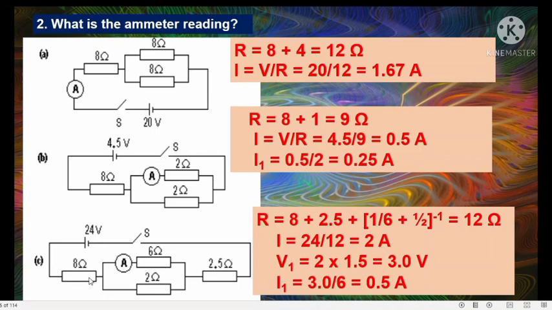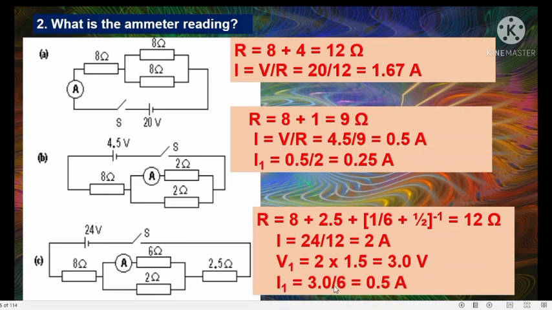And V1 equals 2 times 1.5 for the parallel part. Effective resistance for this part is 1.5. So V equals IR. Total current is 2 ampere, so 2 times 1.5, so we get 3 volt.